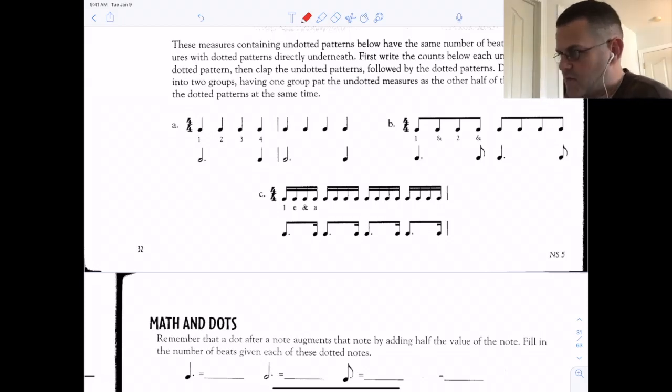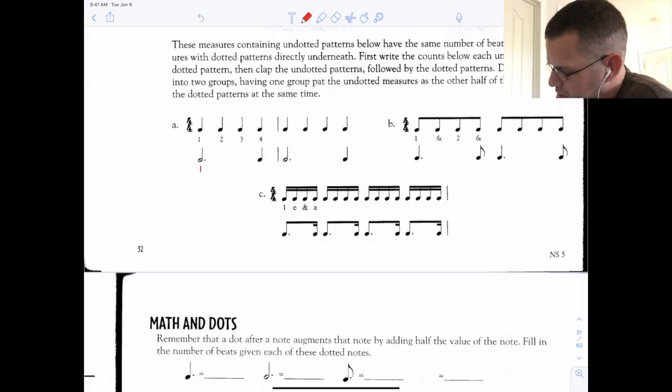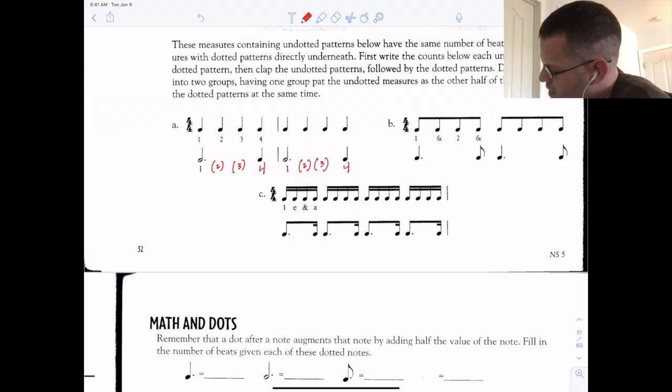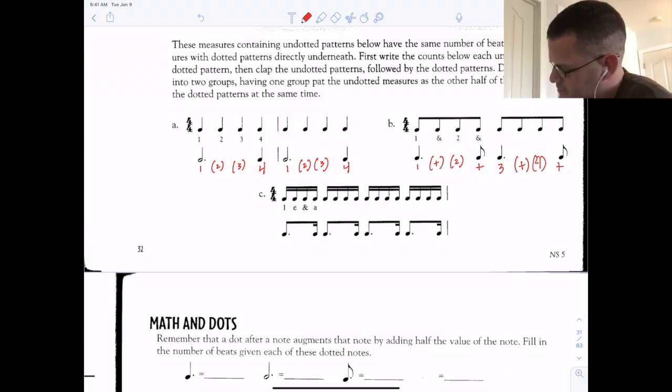Okay, so we're going to write the counts here. So this is 1, 2, 3 included in the dotted half, and here's 4. And 1, 2, 3, and here's 4. For B, we have 1 and 2 and 3 and 4 and.